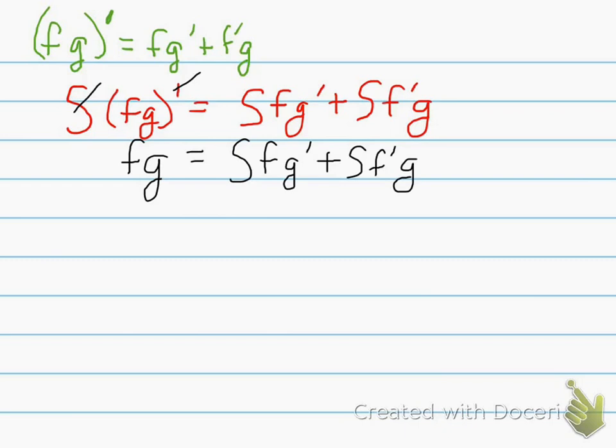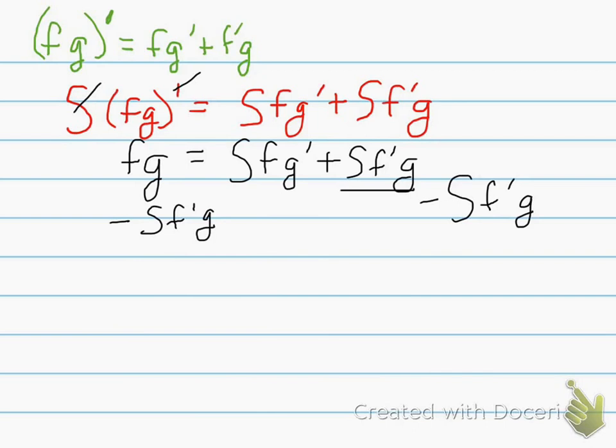And now what we're going to do is take this side and move it to the left by subtracting it. Whatever we do to one side of an equation, we got to do to the other.